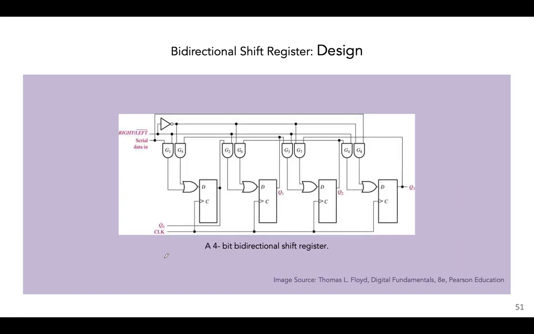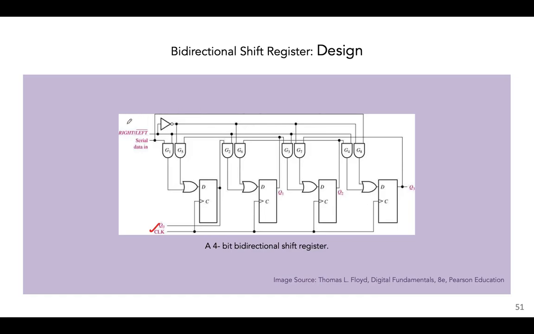And this is how it looks like. This is a basic 4-bit bidirectional shift register, and you can see that with the addition of a few more lines and a few more gates, you can actually achieve flow of data in either direction, whatever you wish. The basic setup is the same. Again, you have 4 flip-flops, right? You have the clock. This has to be there. Simultaneous clock pulses need to be applied to all of the flip-flops.